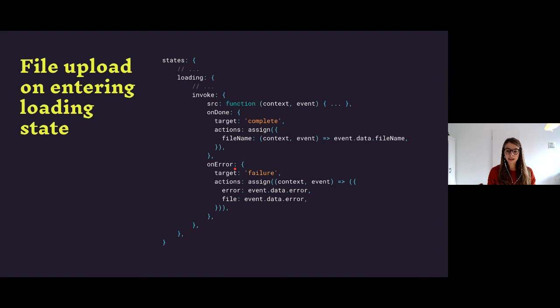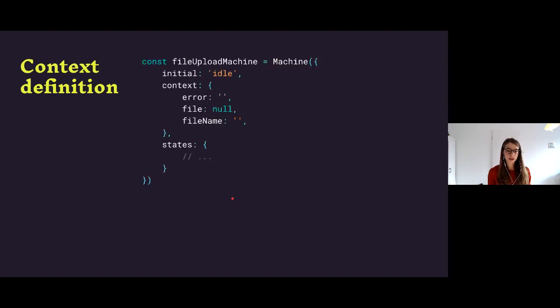And in case of failure, the target state to which machine should transition is failure, and we are saving to the context other data, which is error and file. And as we are already using a context, we need to define initial value in the state machine definition. So this is initial value of the context. All values are empty, and we also need to define initial state, which is idle.